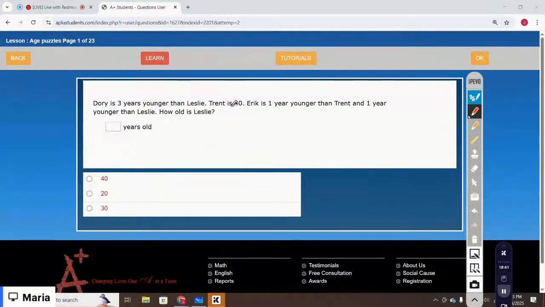So Trent is 40. Eric is 1 year younger than Trent. 1 year younger means we need to subtract 1 from 40. Eric is 39.